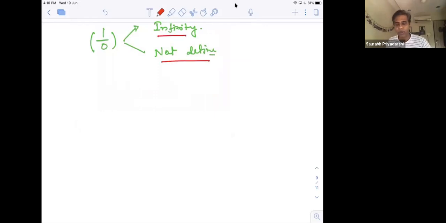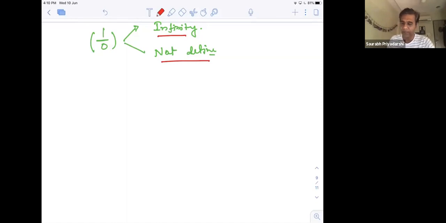So you have to decide what the value of 1 by 0 is. This is very important for us. What is the meaning of not defined? What is the meaning of infinity? Most of the answers are coming as not defined. Only one answer is coming as infinity. So be careful, it's not defined, not infinity.